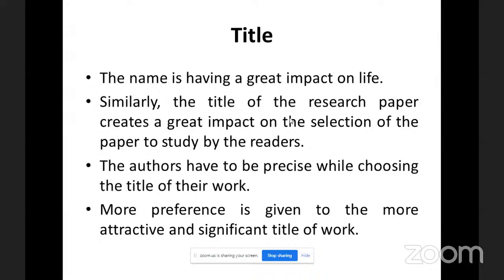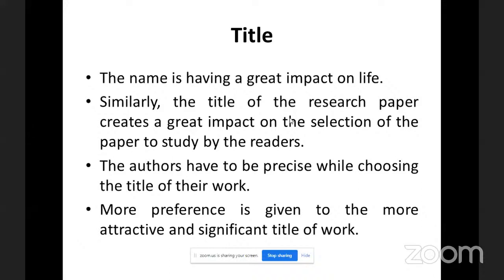And each and every paper is also not available to you. So the best thing is to just see the title. If the title looks similar to your research area, you simply download that paper, review it, and use it in your work. So the title is a very important thing in your research paper.